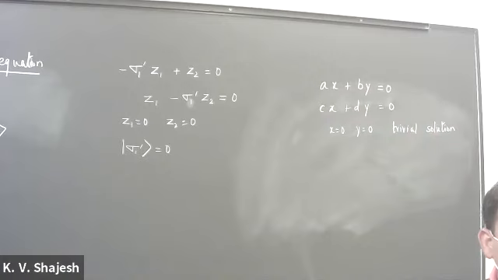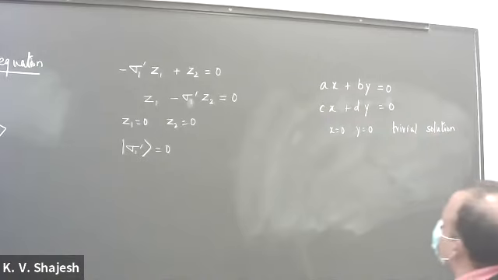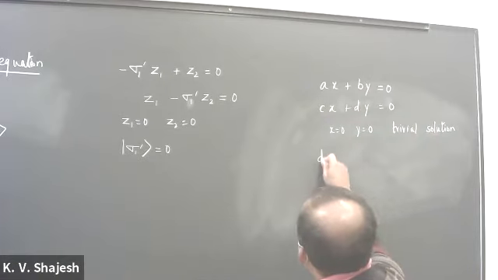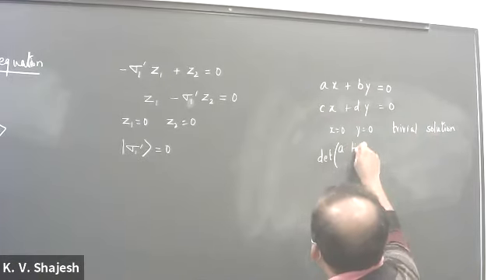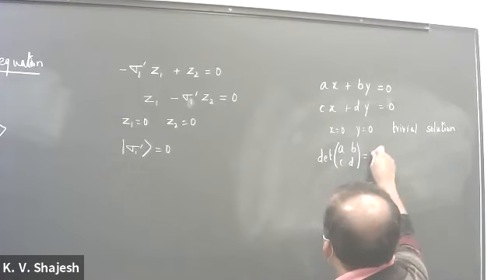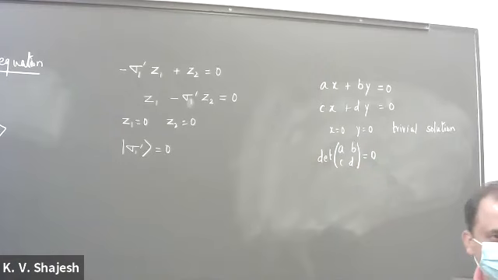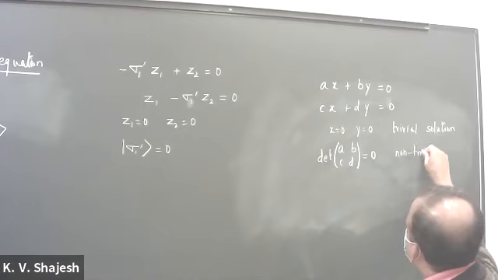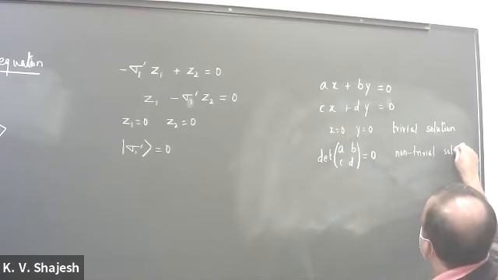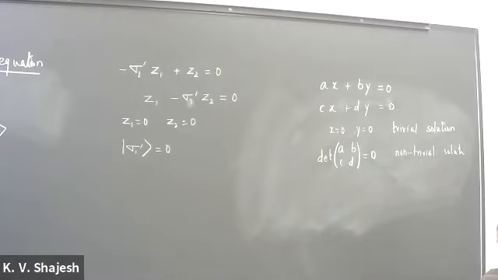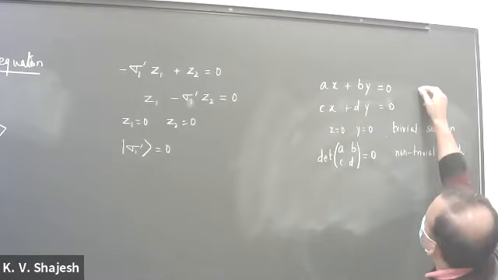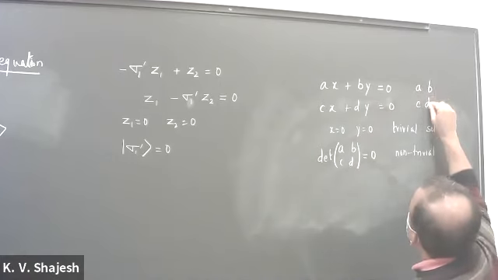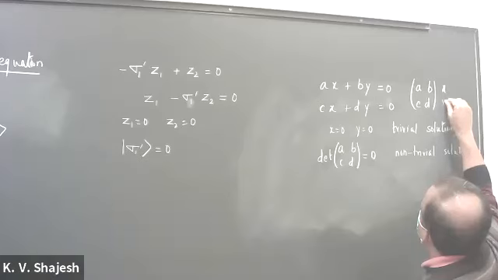What is a non-trivial solution? I think the determinant has to be non-zero. Perfect, right? So the non-trivial solution requires the determinant of a, b, c, d to be equal to 0, and then x and y can be anything. It doesn't matter what x and y are. And remember, this is nothing but the matrix a, b, c, d times x and y.